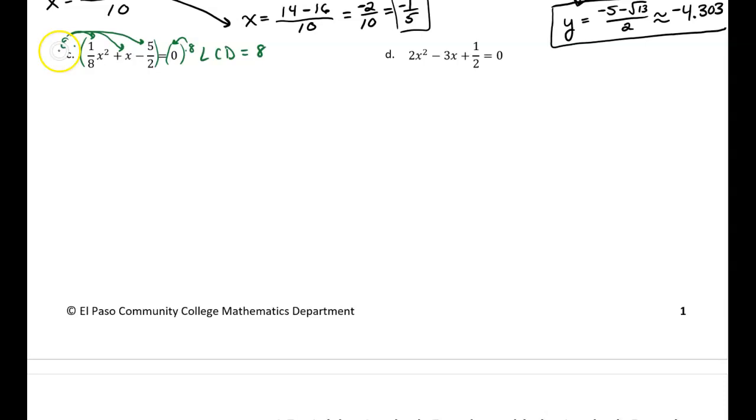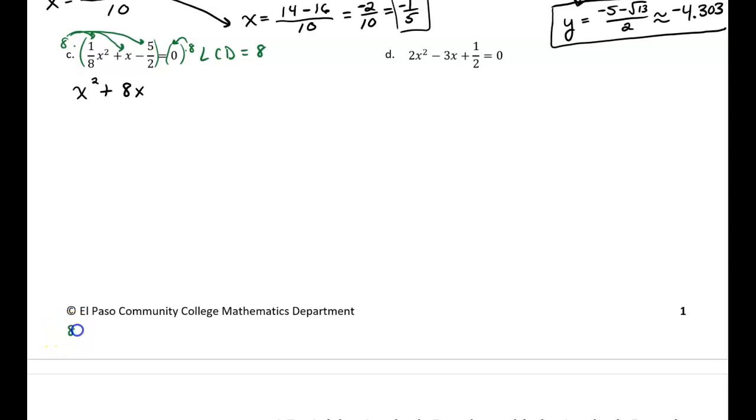Well, when I do that, 8 times 1 over 8 is going to leave me with an x squared. It would be 8 divided by 8 is just simply 1. Then my next term, 8 times x, well, that'll give me 8x. And then 8 times a negative 5 over 2. Maybe I want to do that as scratch work.